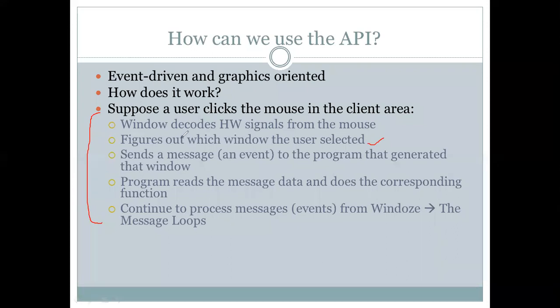So whenever you perform any action, Windows will decode the hardware signal that is generated by the user. In this case, the event is done with the help of the mouse, so Windows is responsible for decoding the hardware signal.